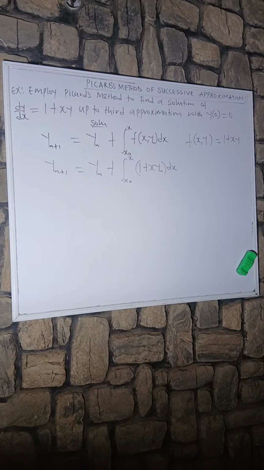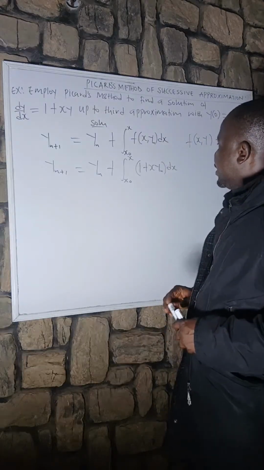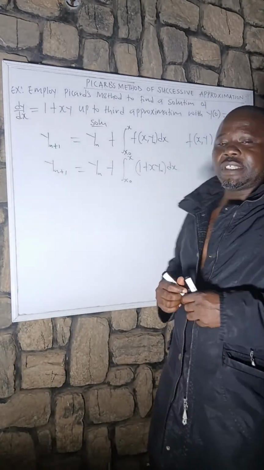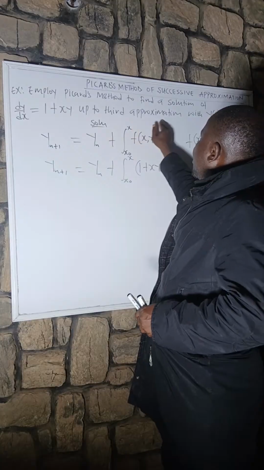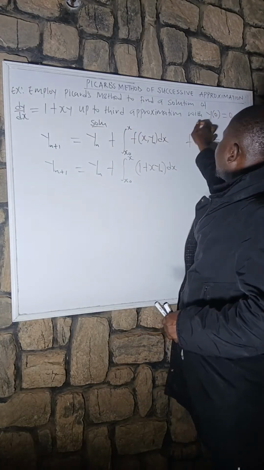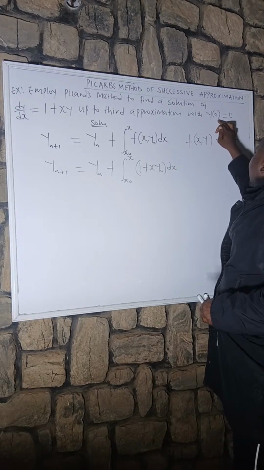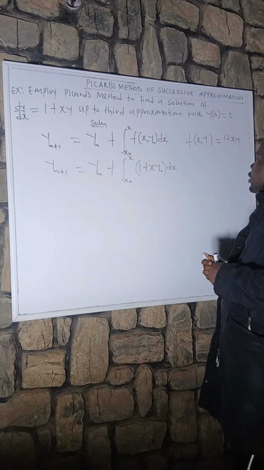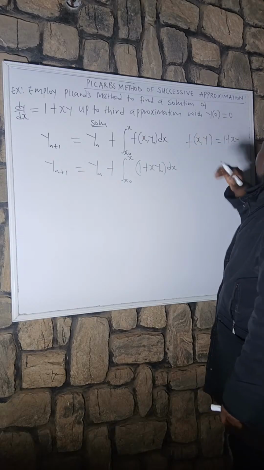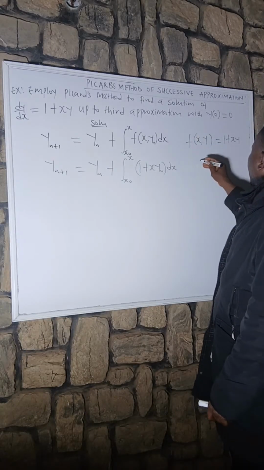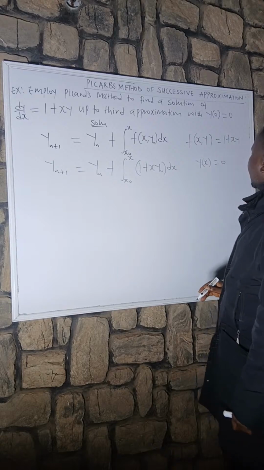Let's look at it together here. Since they said up to the third approximation with y of 0 equals 0, this boundary value is supposed to be y of x naught equals 0.